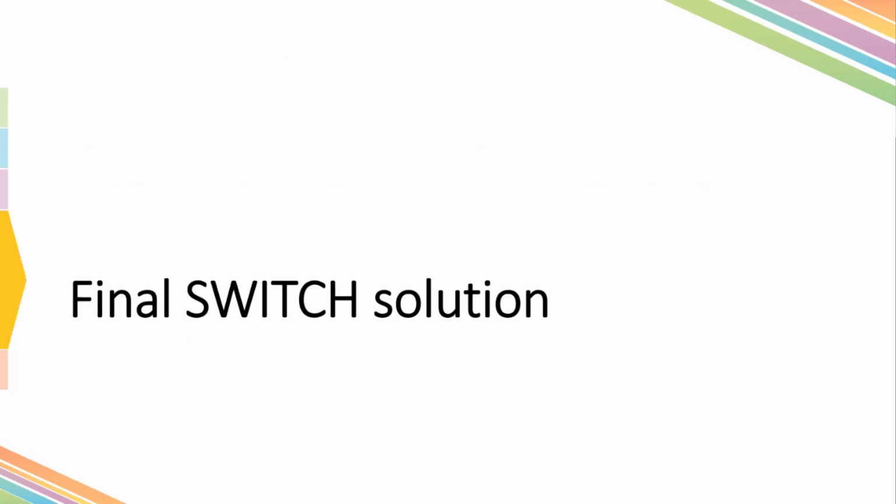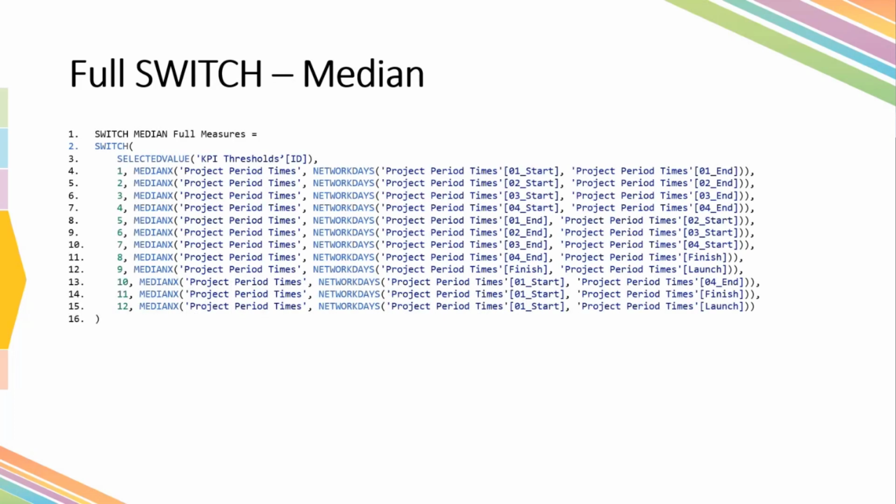And this is when I decided for the final switch solution that I came up with, which is to implement all of the measures into the switch measure. So instead of having 12 measures that I refer to, I include the entire code for each measure in the switch measure. Now this creates, of course, a certain block of text.